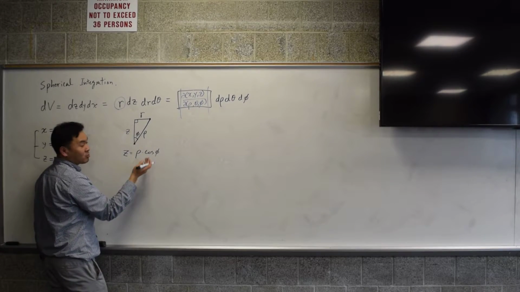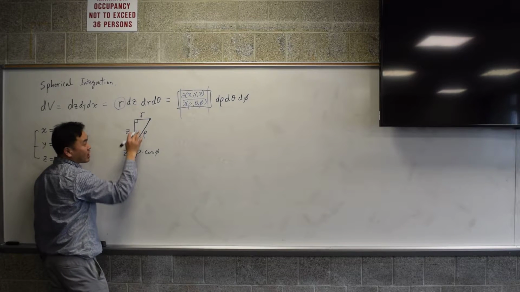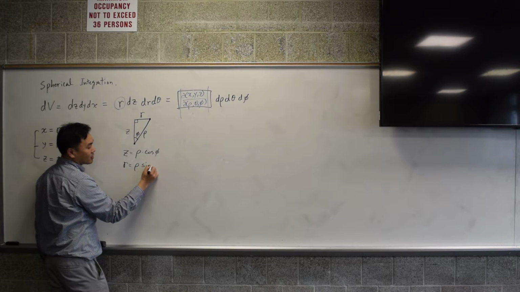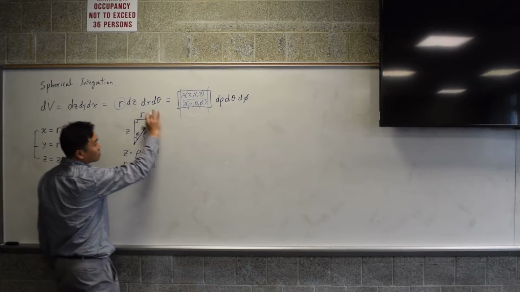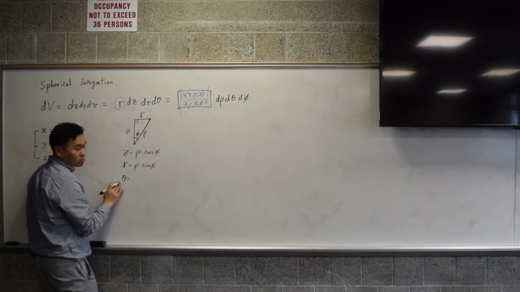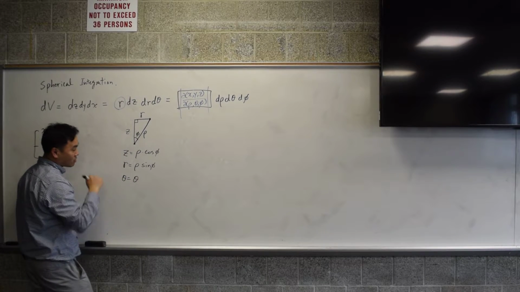So SOH-CAH-TOA says, if you want the adjacent, you multiply by the cosine. Right? How about r? r is the opposite, right? So what do you do? Rho times sine phi. So that's the relationship between the cylindrical and the spherical, because when you go from cylindrical to spherical, theta doesn't change. You only need to know how to get the z and r.